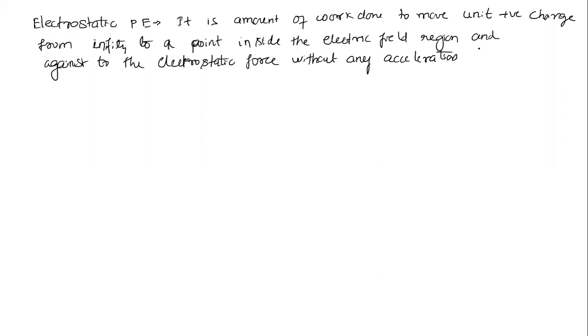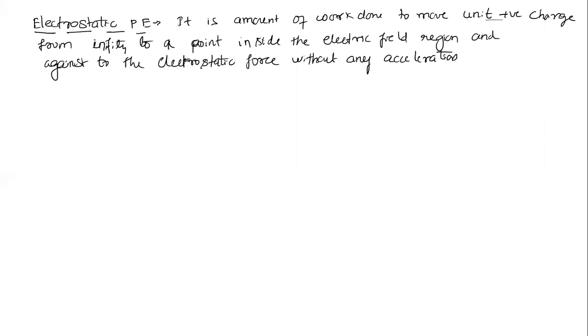So we are moving a charge, meaning its potential energy is what now? Electrostatic potential energy. It is the amount of work done to move a unit positive charge from infinity to a point. The point should lie inside the electric field region, and we are moving against the electrostatic force, right?